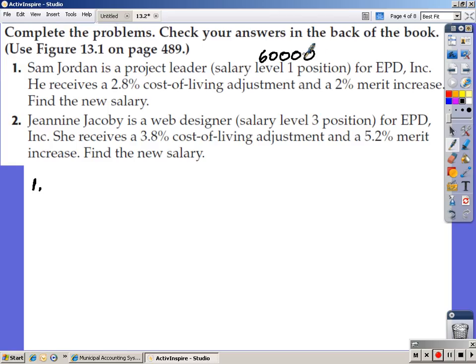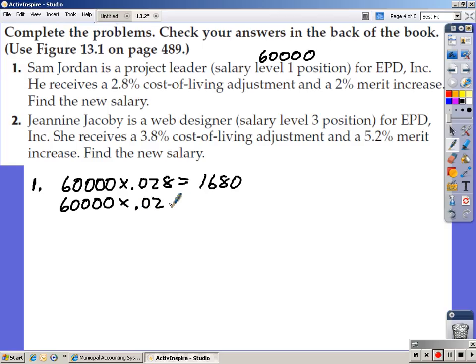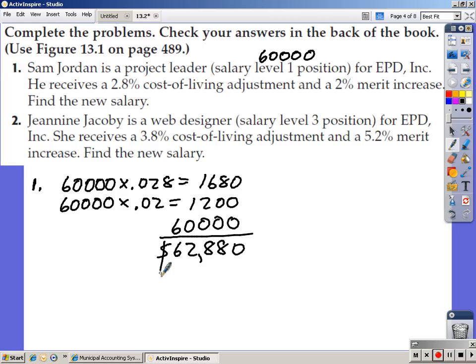So take your $60,000 and find the cost of living adjustment. 60,000 times 0.028 is 1,680. Then find the merit increase. 60,000 times 0.02 is 1,200. Add your original salary to that, and you end up with $62,880. That's your answer to number 1.